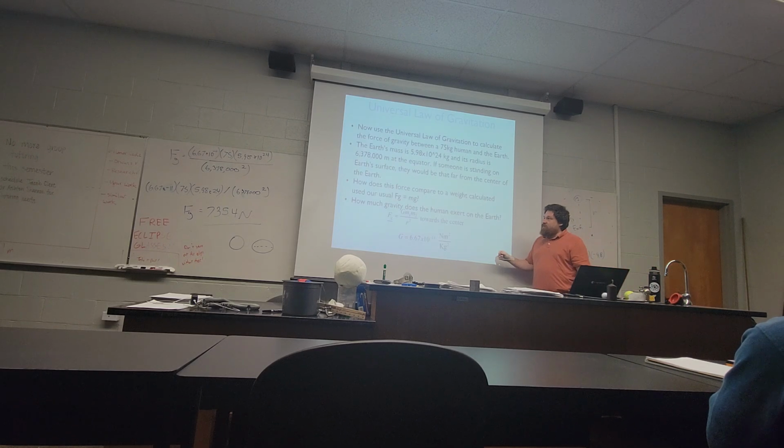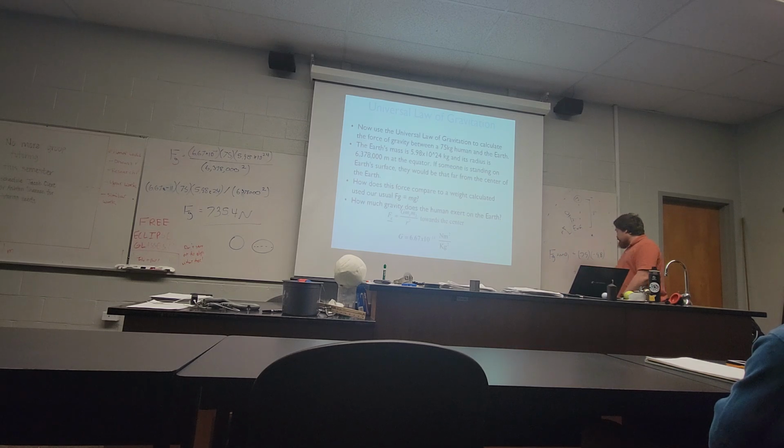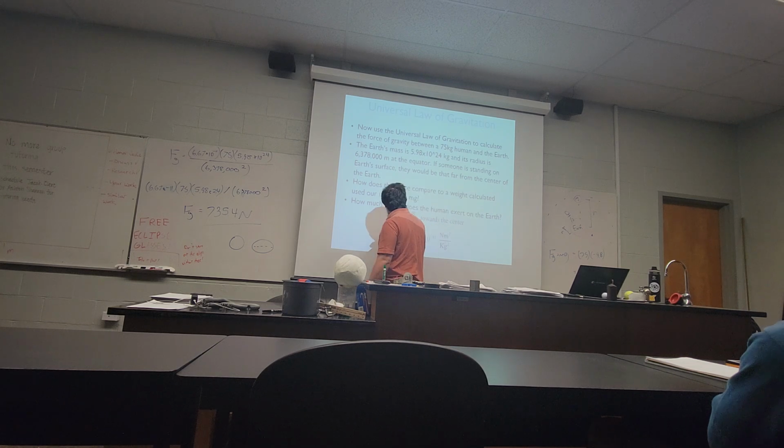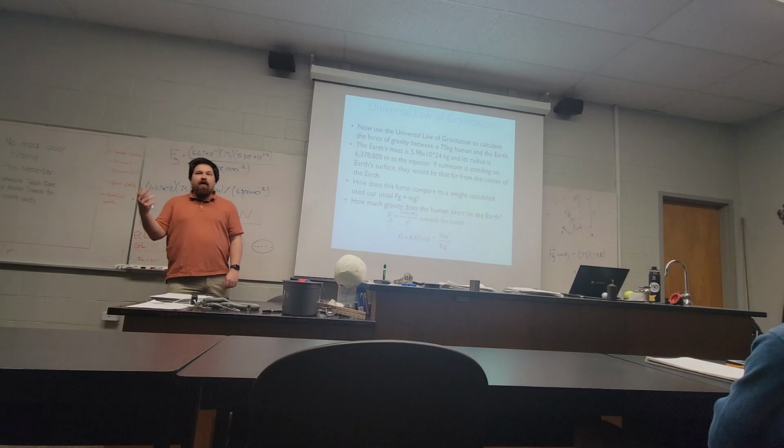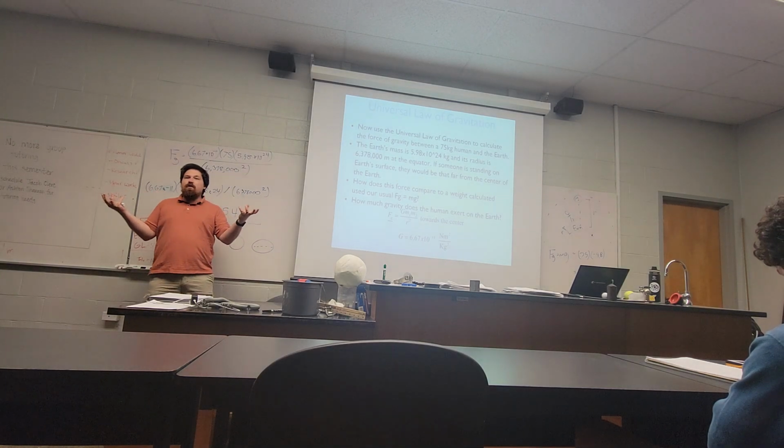Second related question. This is how much a human weighs on Earth. Counterpoint, how much gravity does the human exert on planet Earth? Because there's always an equal and opposite force. The quirk with this formula is that the force you calculate from it goes both ways. Object 1 exerts gravity on object 2.